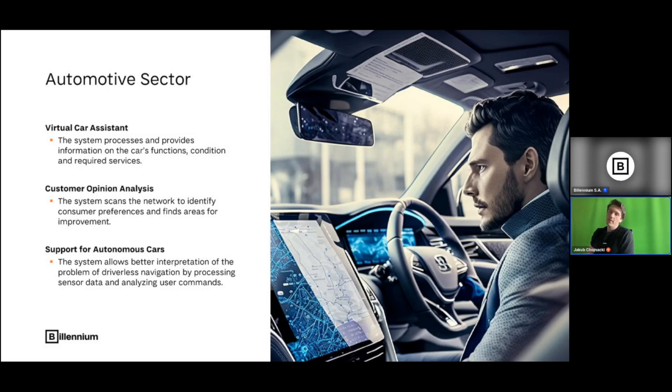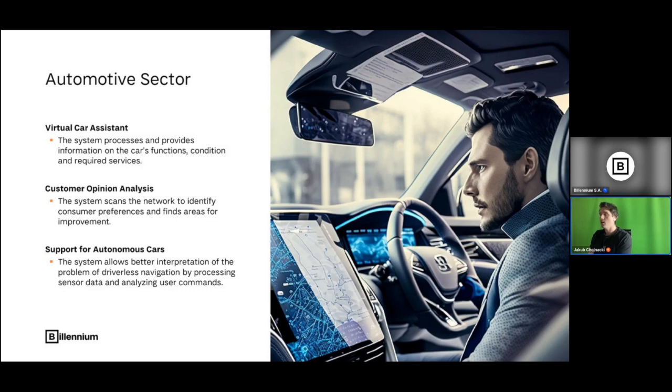In the automotive sector, it's pretty common to add generative AI to a virtual car assistant. So all the systems that can provide contextual information about the conditions, about the problems with your car, in the engine, or any advice given readings from your sensory data.